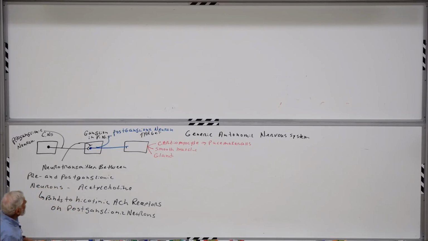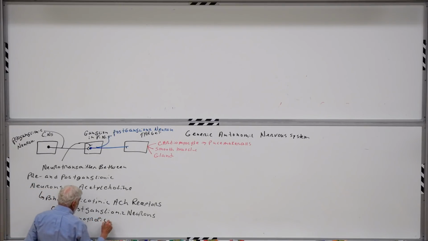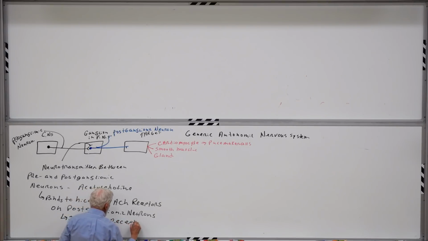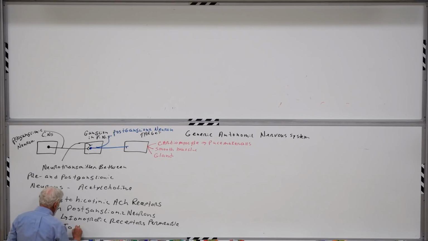So it's the classic arrangement. The action potentials initiated here in the central nervous system propagate along the axons, along the conductor regions, until they reach the output region where those action potentials open voltage-gated calcium channels, allow calcium to come in and trigger the release of a neurotransmitter, in this case acetylcholine. The acetylcholine binds to nicotinic acetylcholine receptors. These are ionotropic receptors, permeable to sodium ions.